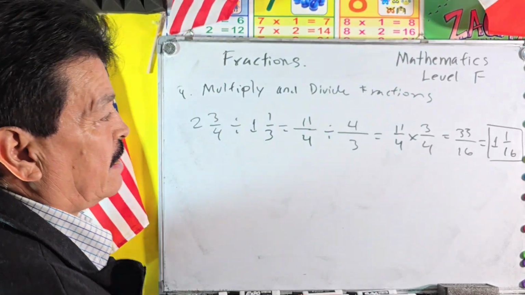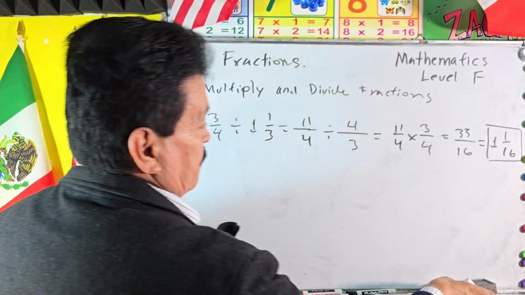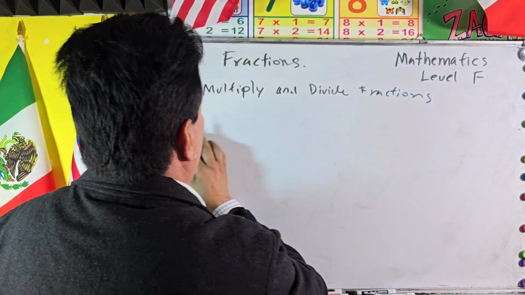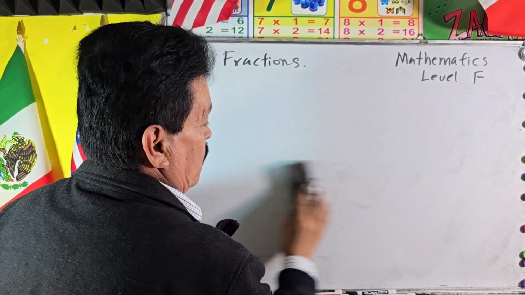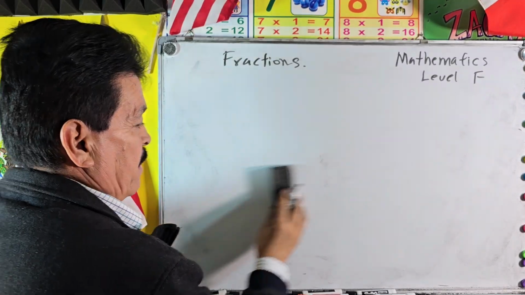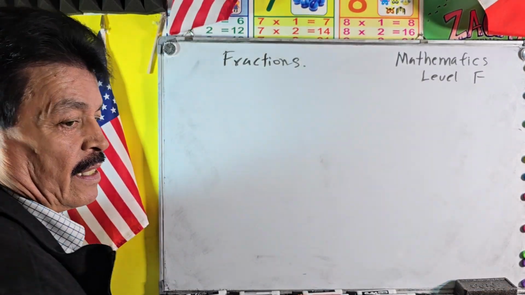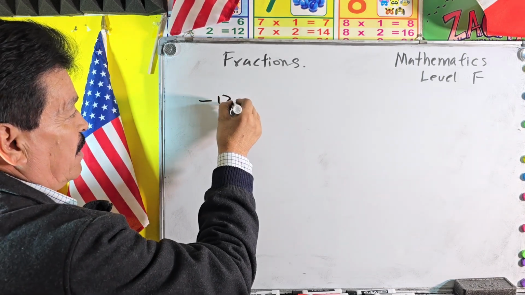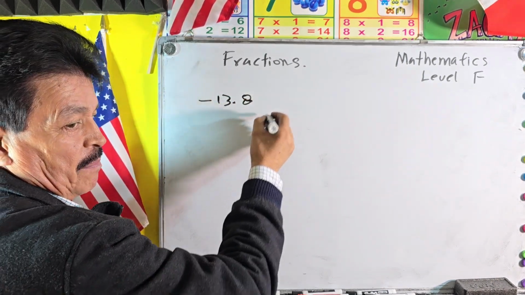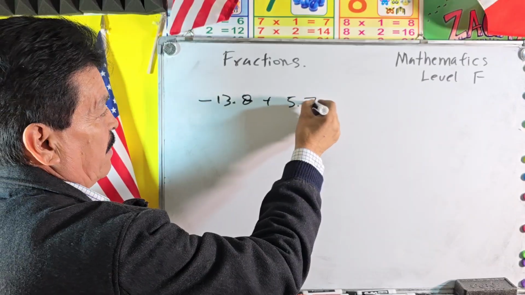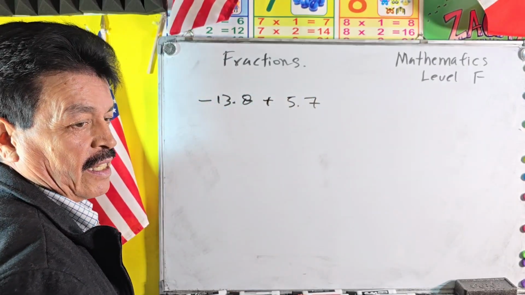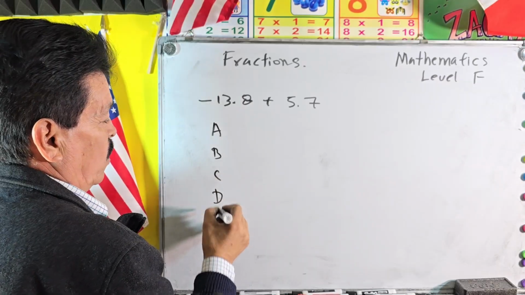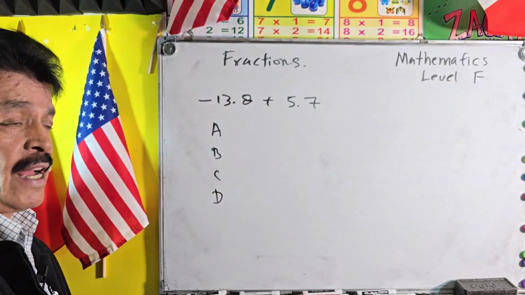in this kind of class, I will show you some problems in the test. How they come in your test problems. I don't want to spend too much time on this, but for instance, you have here negative 13.8 plus 5.7. It's addition with decimals, and in your test it comes like this, with 4 possible answers.